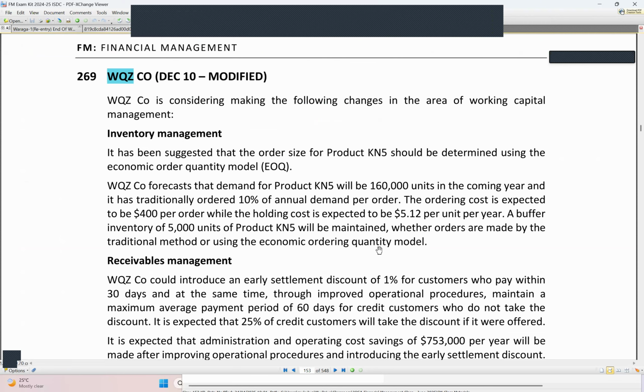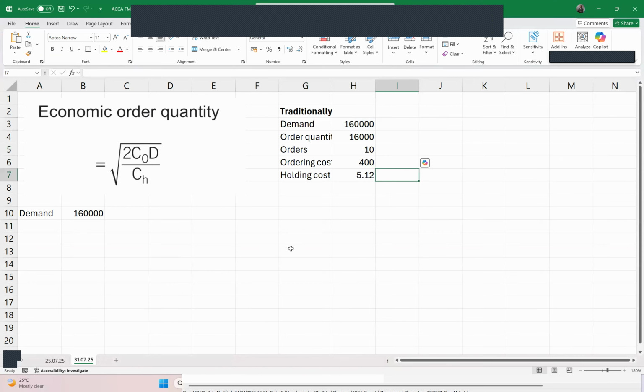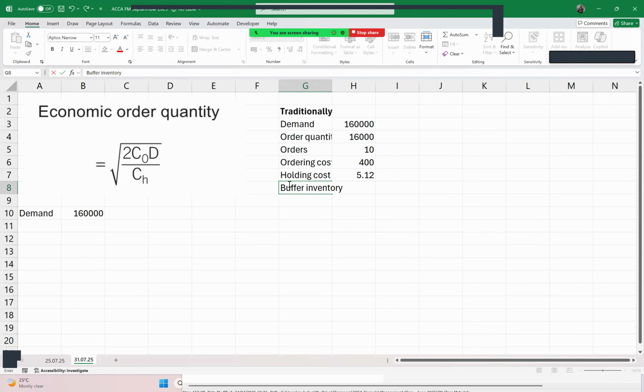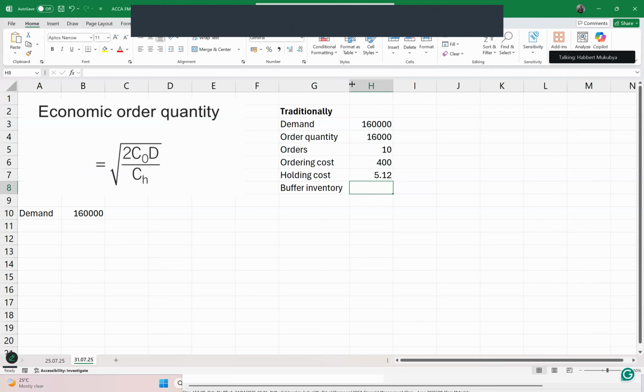Then we have buffer inventory. Now, buffer inventory means, if you order only when you run out completely, chances are there will be some time before the order arrives. And what happens when people want something from you, but you tell them to wait for me, I've ordered, but things are going to take some time to come?